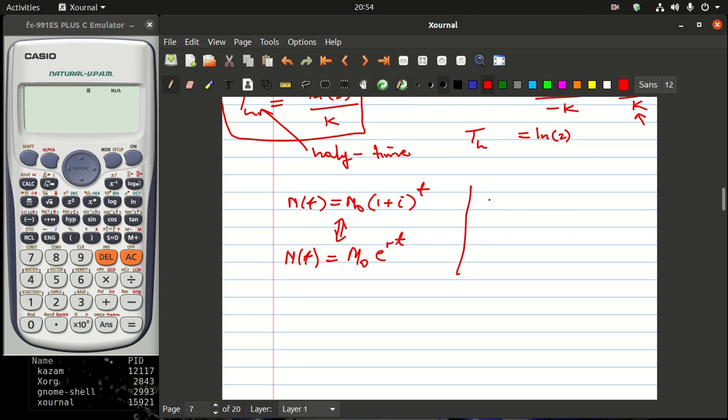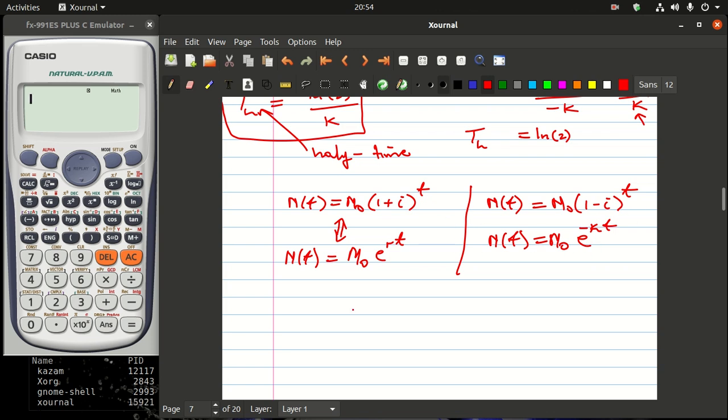And then for decay, we have N of t is equal to N naught times 1 minus i raised to t, and this can also be written as N naught e to the minus kt, where k is called the decay constant.